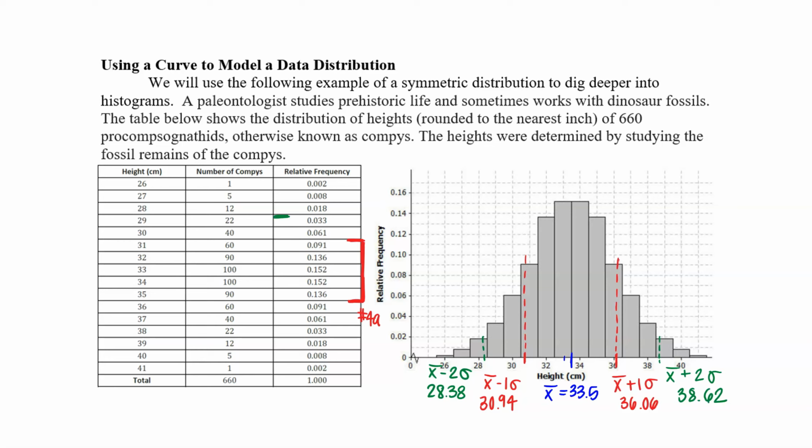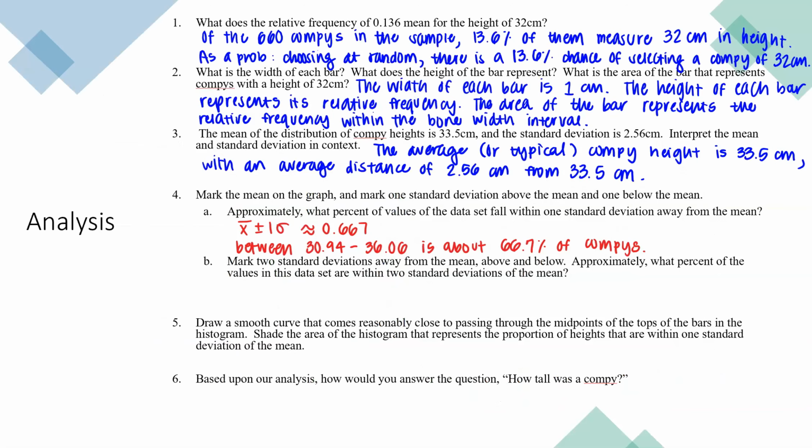And then for 38.62, everything including up through 38, and add all of these frequencies together. When I added them all up, I got 0.946. So going back to answer this question, between 28.38 to 38.62 centimeters include about 94.6% of our compies.